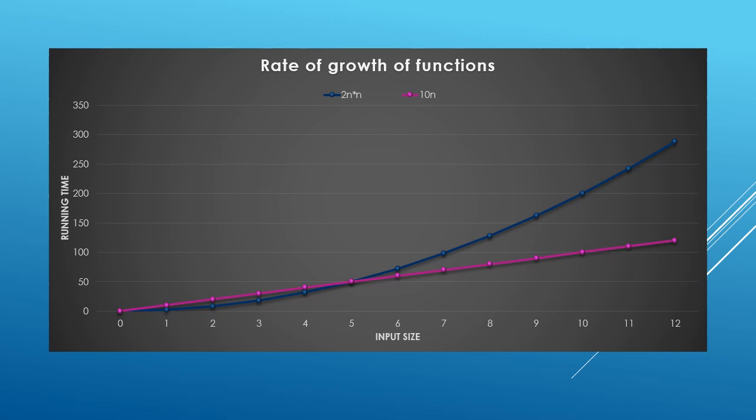Consider the two functions shown here. These are 10n and 2n squared. Notice that they cross each other at n equals 5.